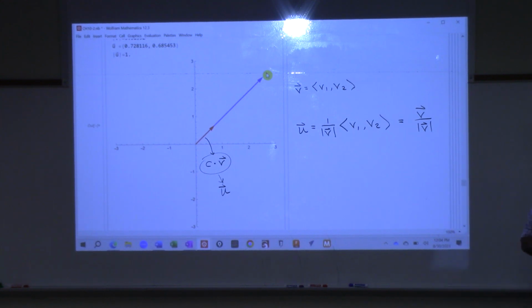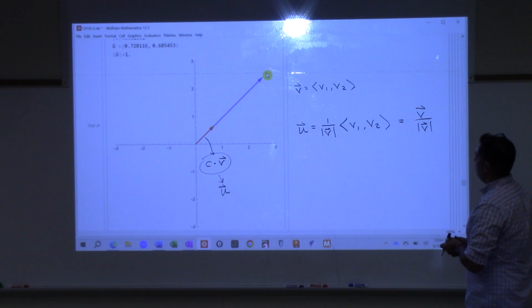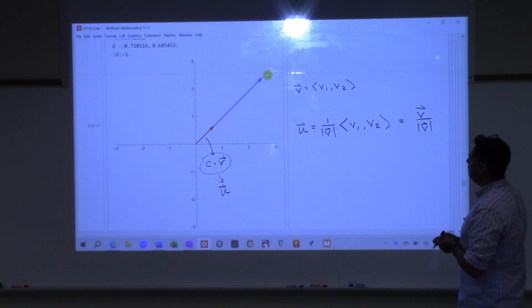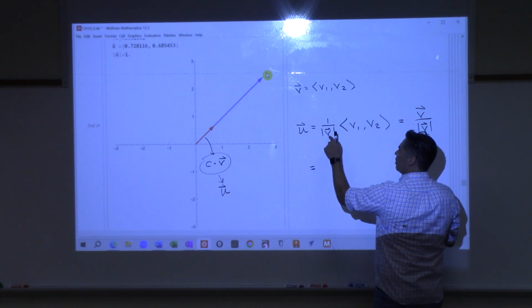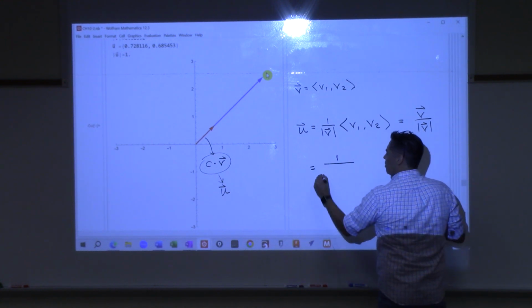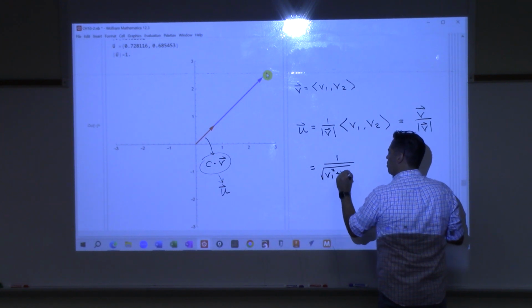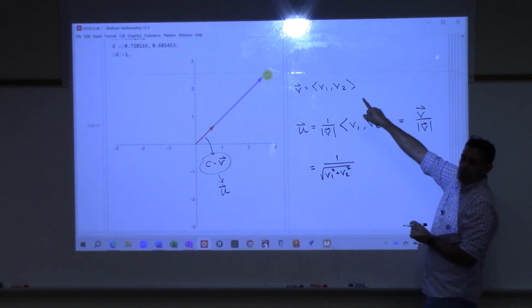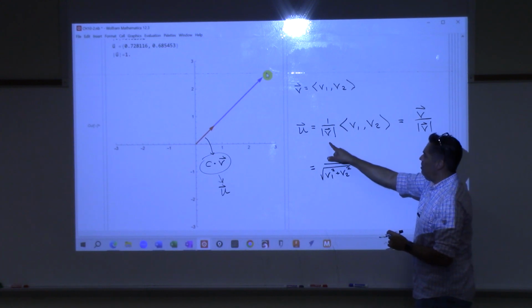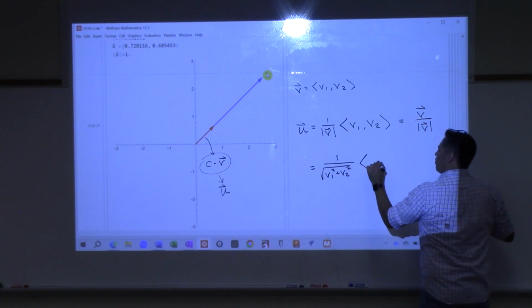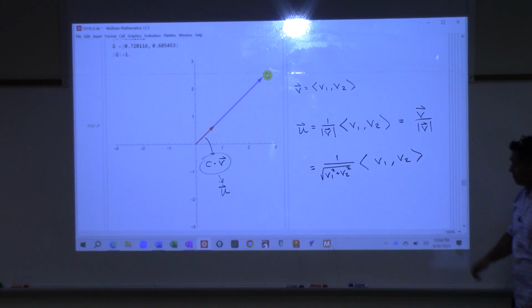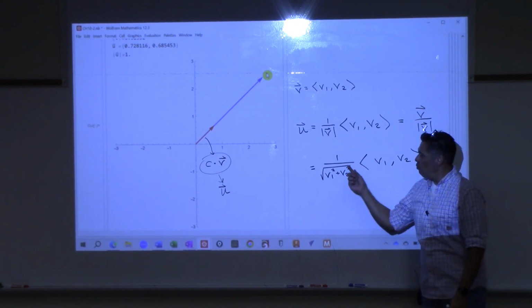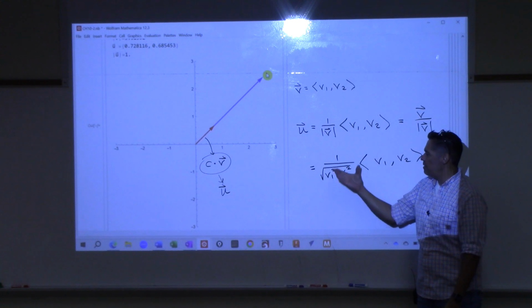Y'all still good? All right, so now let's see if we can actually figure out what this is. Do we have a formula for this? Yeah, that's the square root of v1 squared plus v2 squared, if we're in two-dimensional space. That's what is on the bottom. And we have to multiply that through to v1 comma v2. 1 over the length is a number.